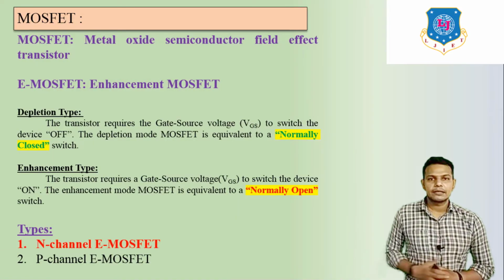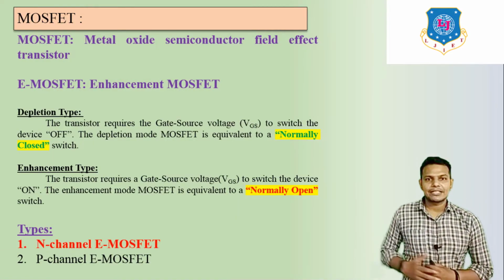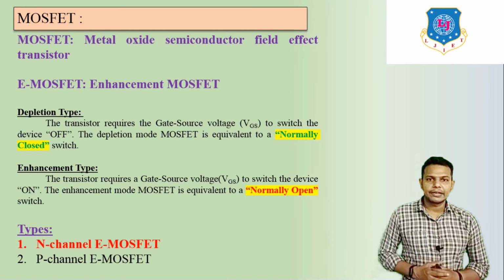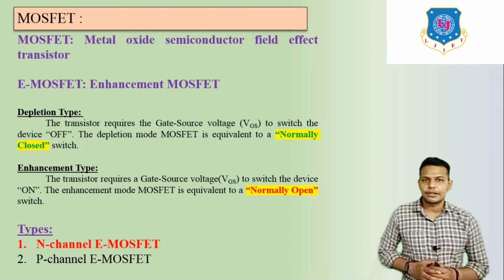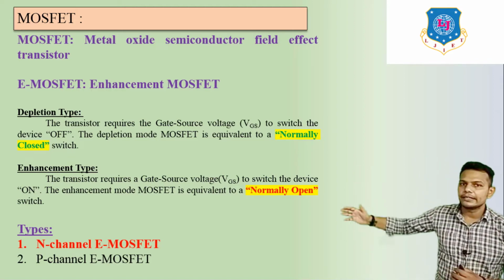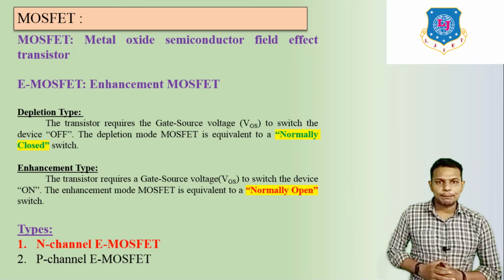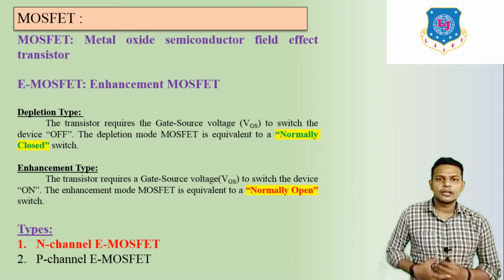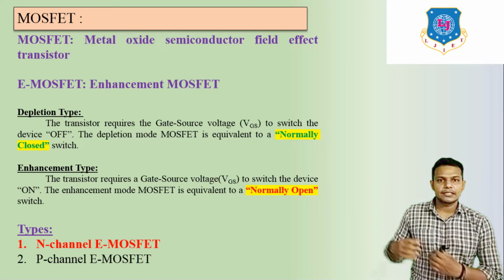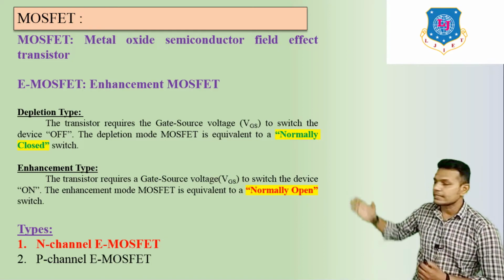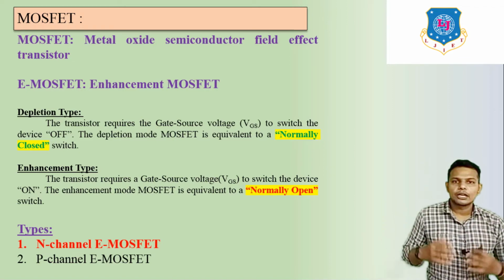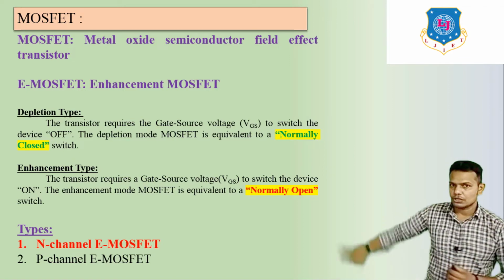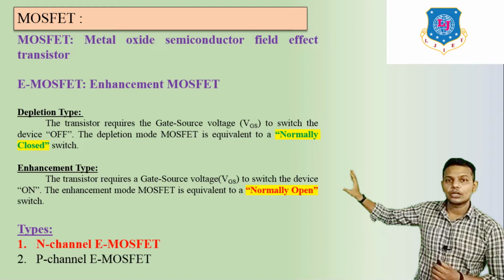So here we can see MOSFET, its full form is metal oxide semiconductor field effect transistor. E-MOSFET means enhancement MOSFET. Here we can see these are the types of MOSFET. Depletion type is normally known as device on, here you can see device off, that means it is a normally closed switch.